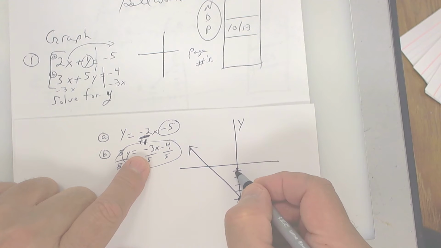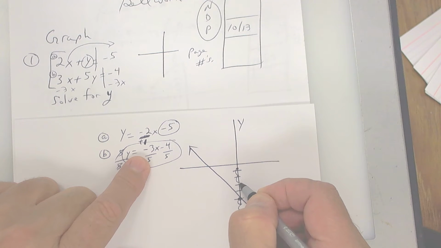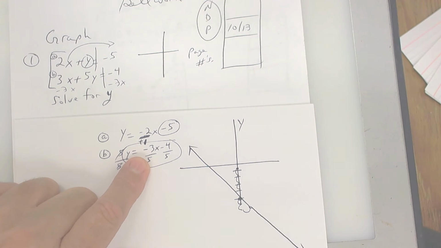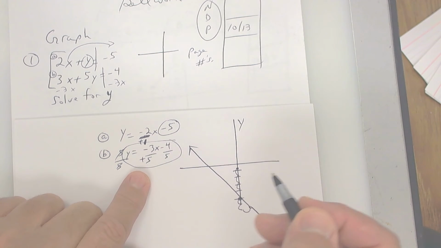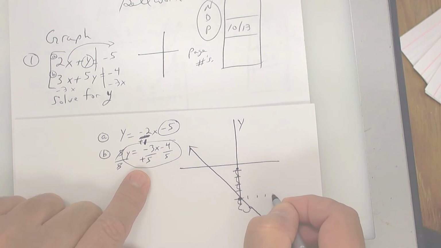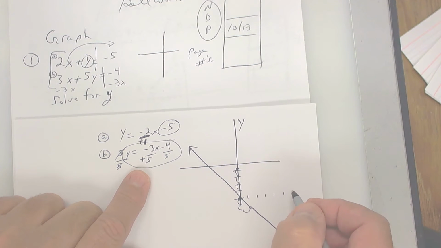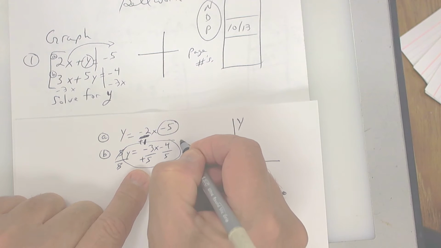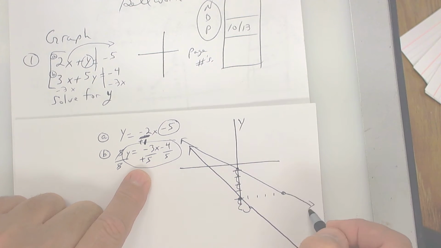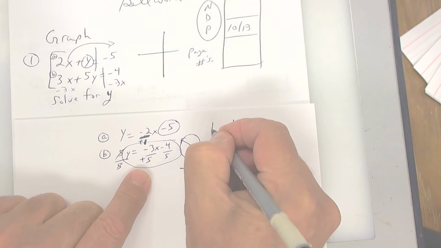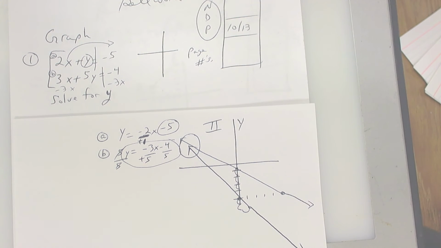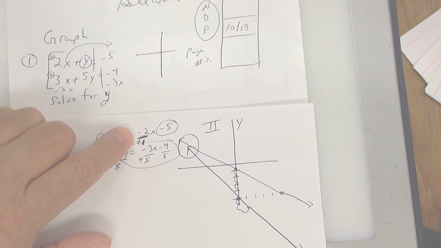So you're going to go down 1, 2, 3, right above, and then you're going to go to the right 5. 1, 2, 3, 4, 5, and then you're going to put a dot here, and then you're going to connect them. It looks like from my graph, just freehanding it, it's going to be somewhere in the second quadrant, and it's hard to really tell where it's going to hit. But you do know it's going to hit because the slopes are different and the y-intercepts are different.